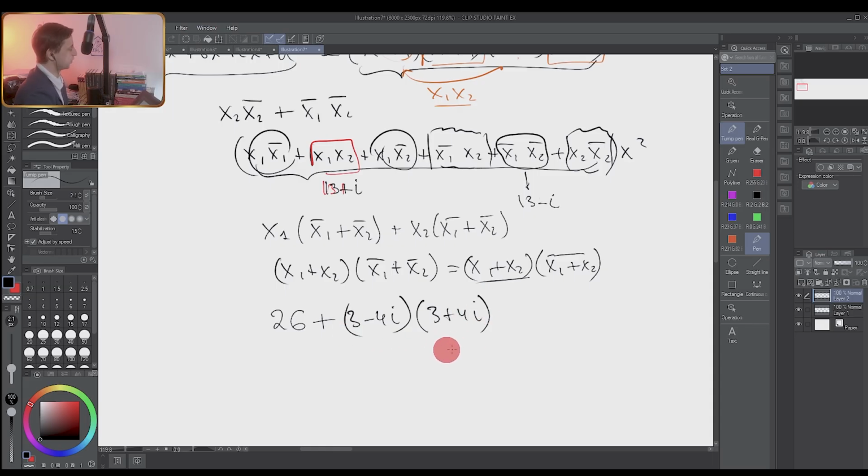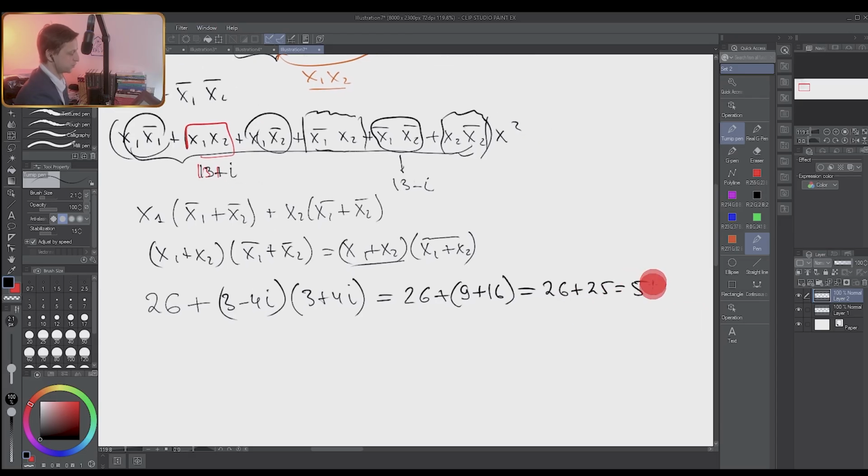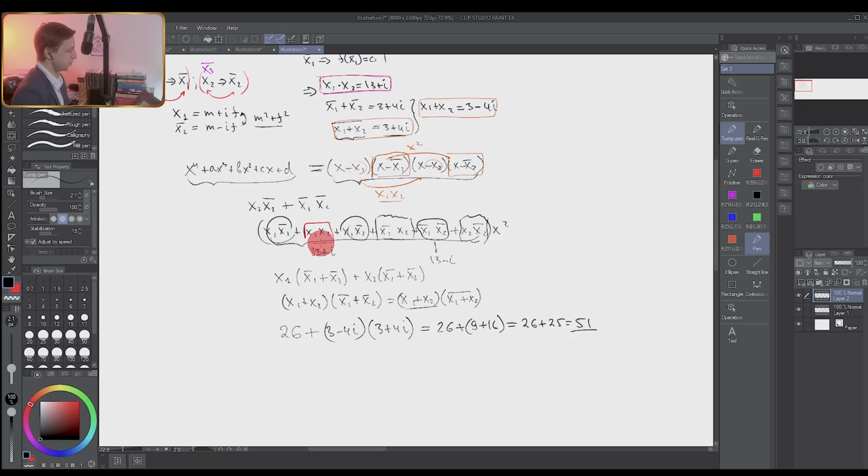And if we calculate it, we will simply get the value of the coefficient near x squared. We calculated this by using the formula for difference of squares: 26 plus 9 plus 16, and this is 25. 26 plus 25 equals 51, and 51 is the coefficient near x squared.